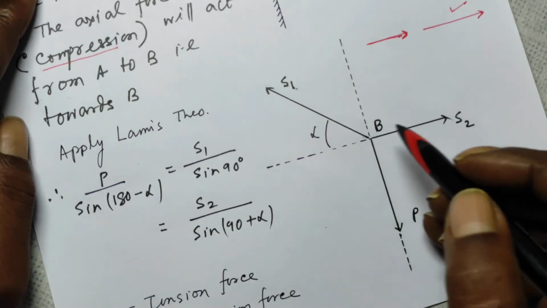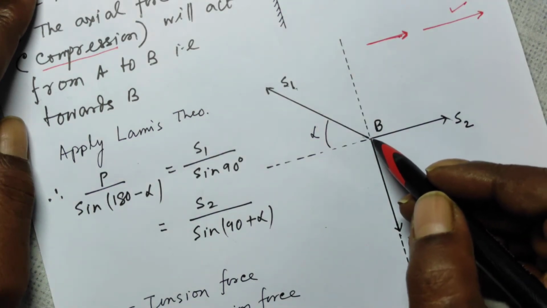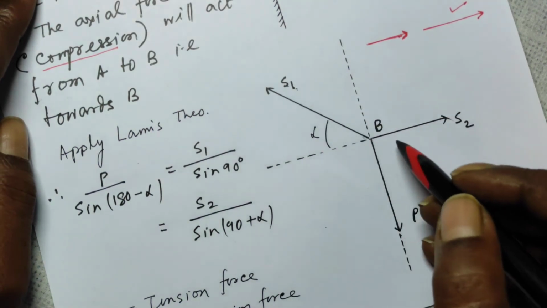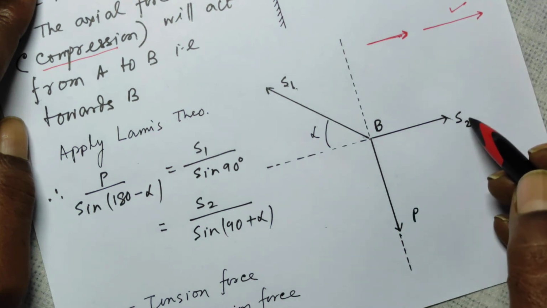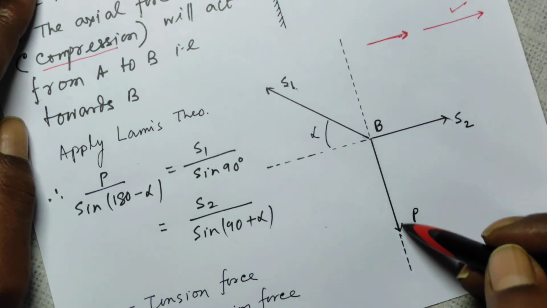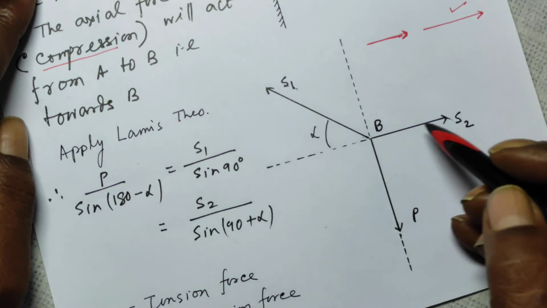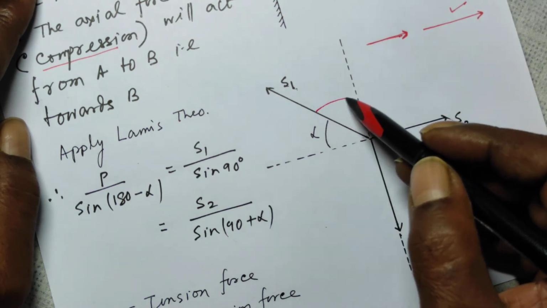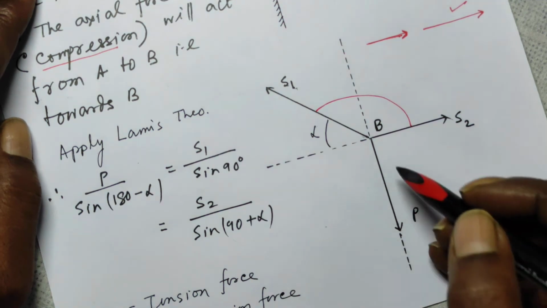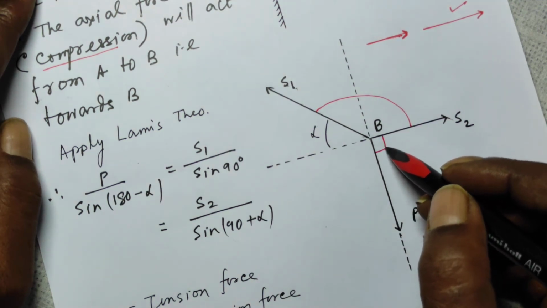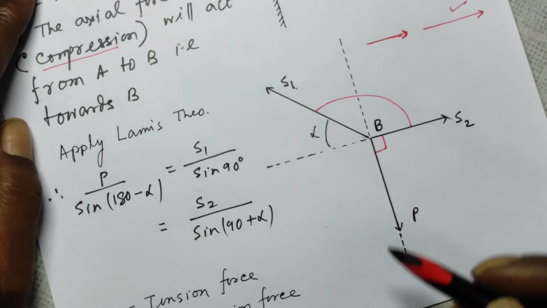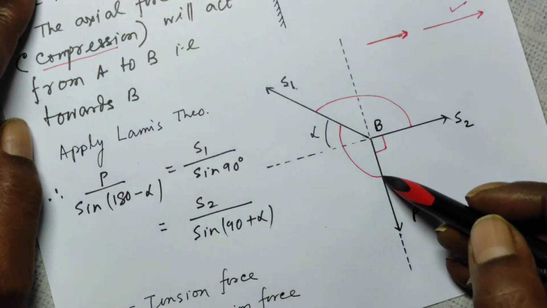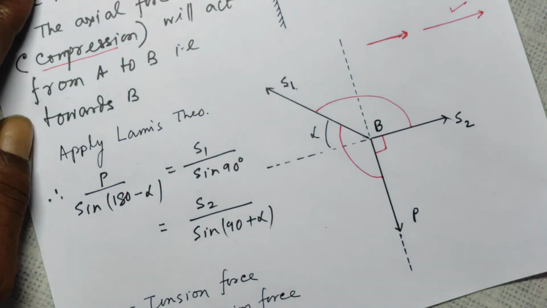So at point B, we have three forces: S1, the tension force, S2, the force of compression in the rod, and P, the load. This angle is alpha, so this angle will be 180 minus alpha. This angle is 90, and this angle will be 90 plus alpha.